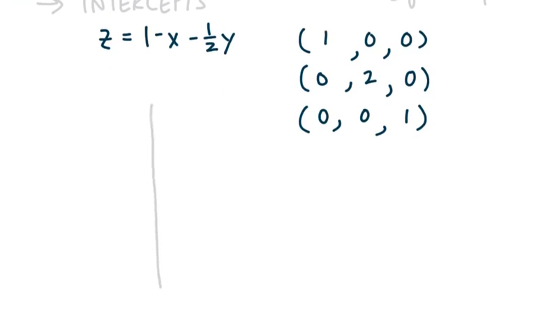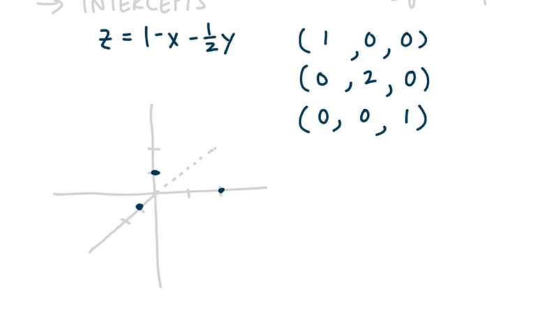So I'm going to draw this. All right, 1, 2, 1, 2. So plotting some points, I have a point on the x-axis at positive 1, a point on the y-axis at positive 2, and a point on the z-axis at positive 1.